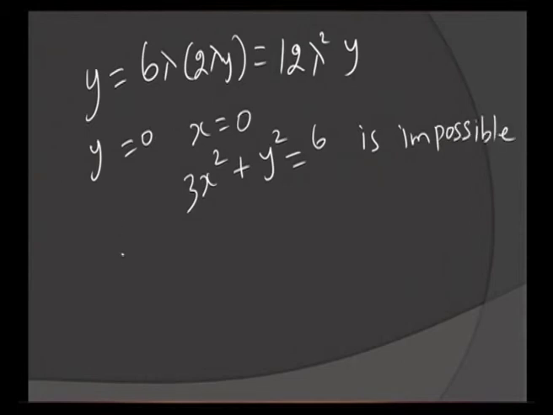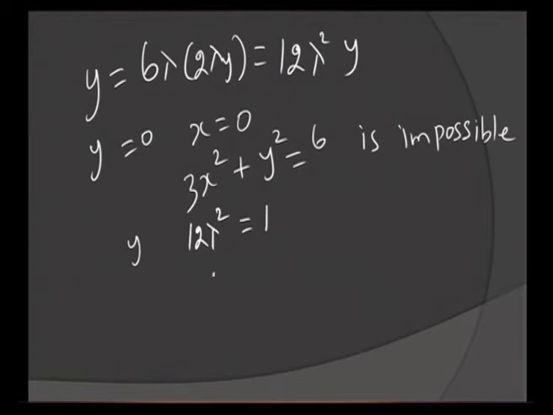So this case is impossible. We can divide by y, so we get 12 lambda square is equal to 1. Now, plug the first equation into the third equation, 3x square plus y square is equal to 6.